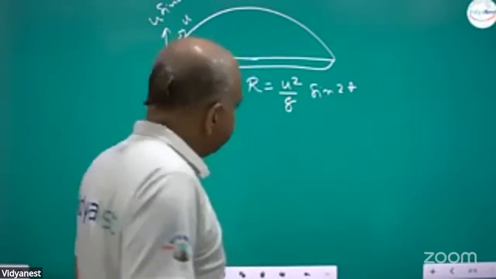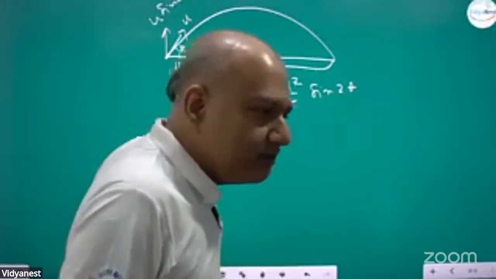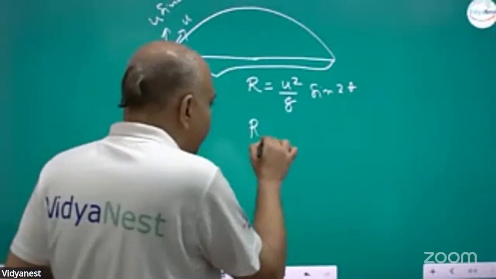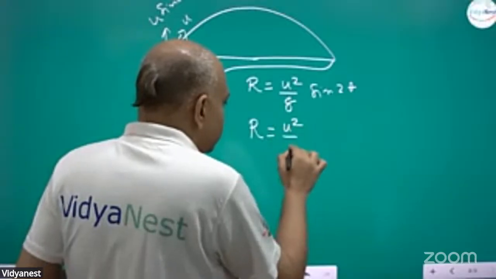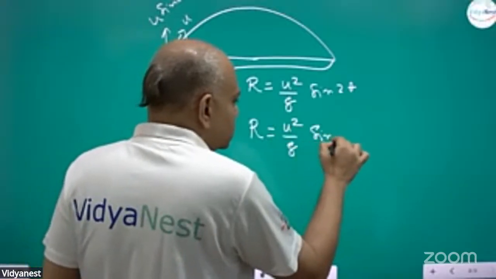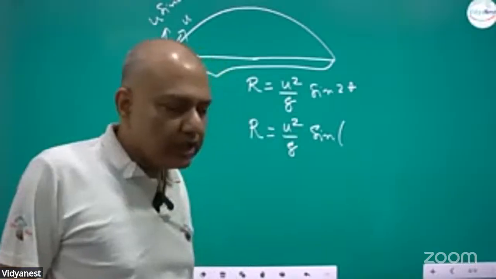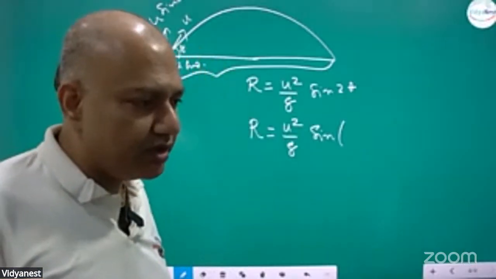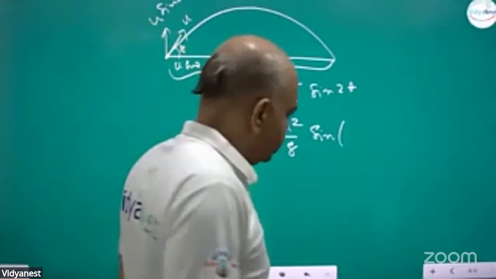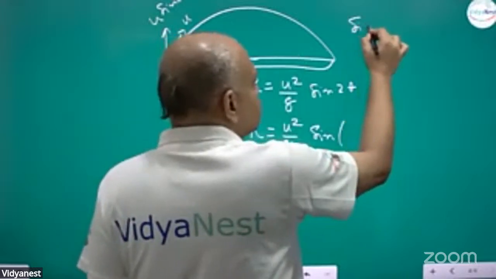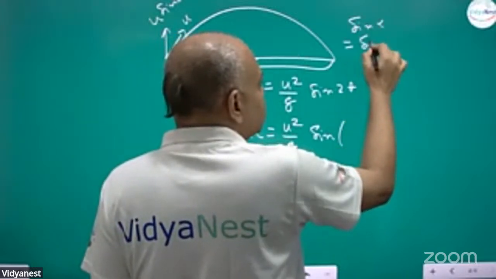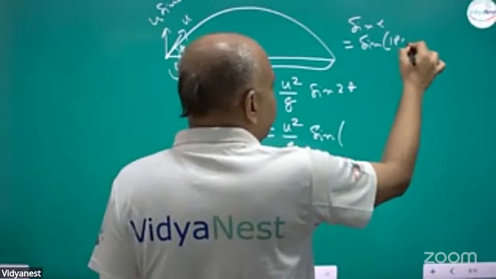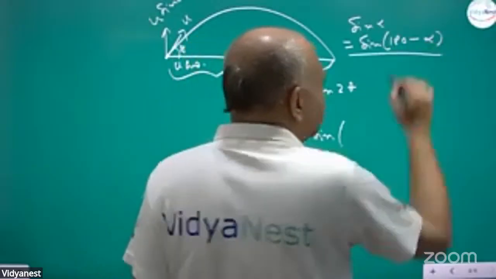Now see, if I simplify this a little bit, I can write the range like this. Saurabh, have you started trigonometry? Little bit, yes, sir. So sine alpha, can I write it as sine of 180 minus alpha? You know that, right?